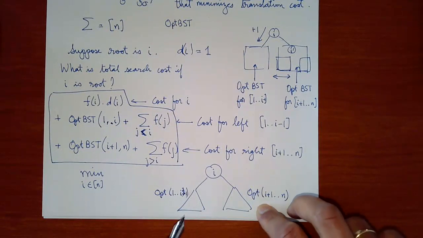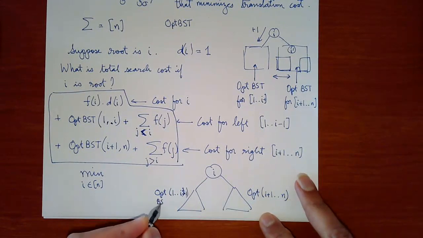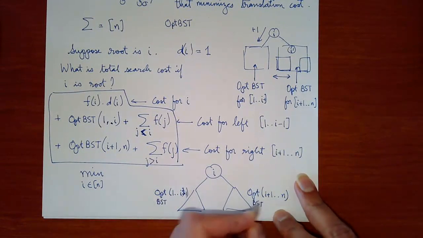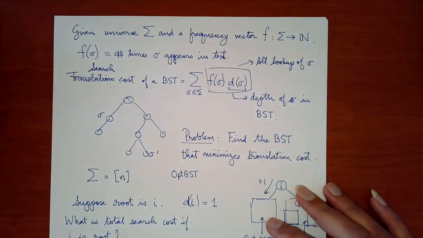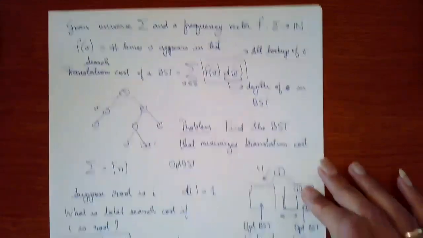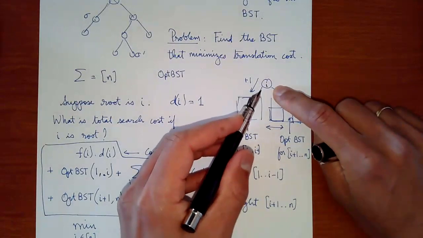Yeah. Is the opt BST also just the summation at the top of the page? No, so the opt BST is, think of it as what's going on is you're thinking about doing this through recursion, right? So you say, okay, I'm going to make a choice over here.